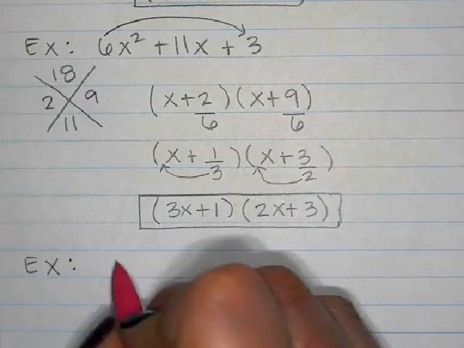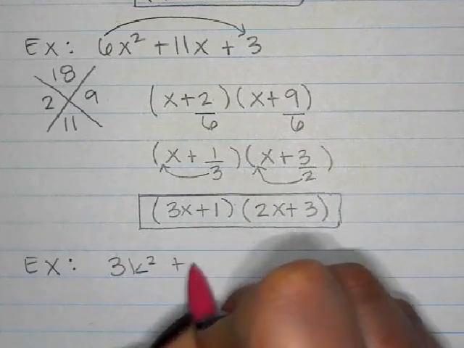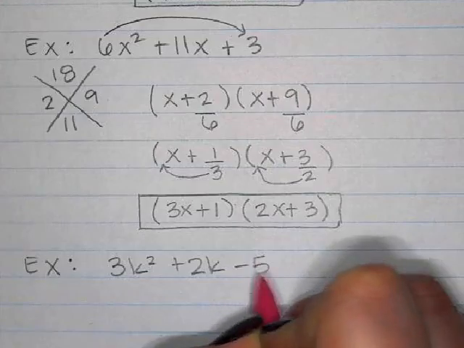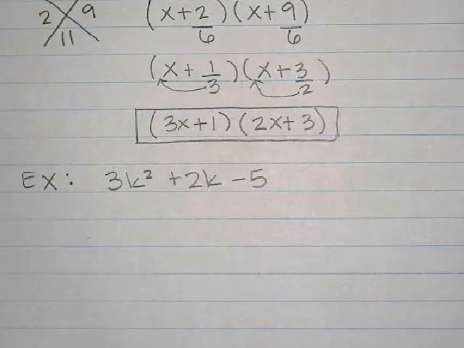Okay, 3k squared plus 2k minus 5. What should I do first?